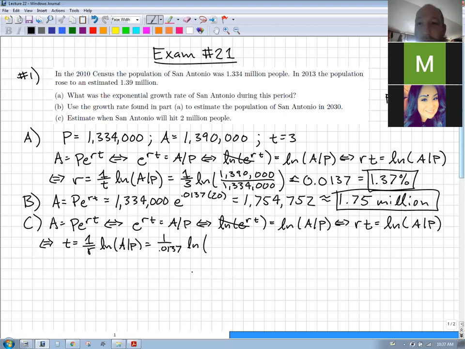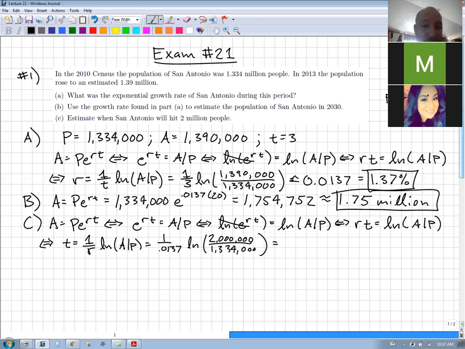Here the amount is going to be 2 million, and then my principal. Let's see what this calculator tells us. 2 million over 1.334 million.